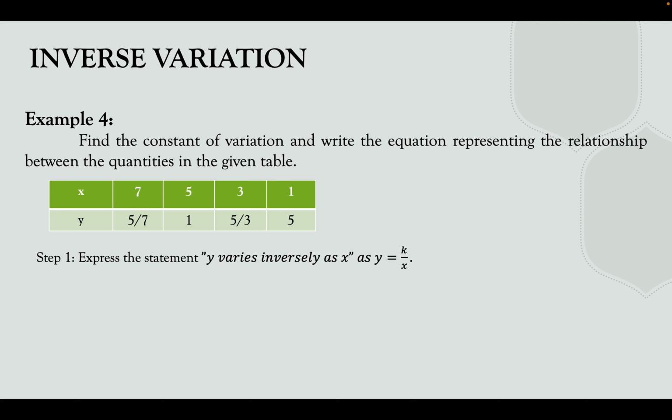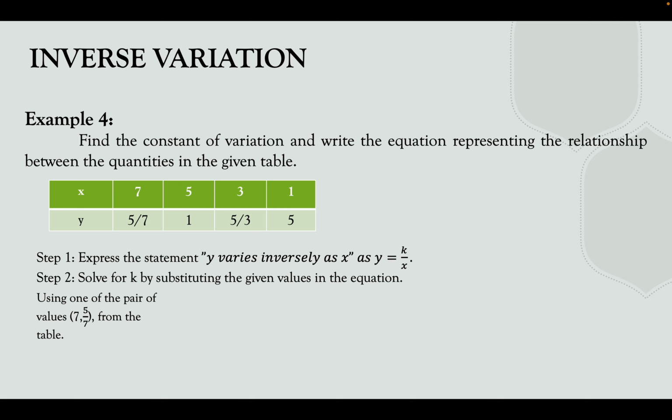So we need to express the statement y varies inversely as x. We have y equals k over x. Solve for k, we just need to substitute the given values in the equation. And then next, we just need to select a pair of values in the given table. In here, we will use 7 and 5 over 7 from the table.